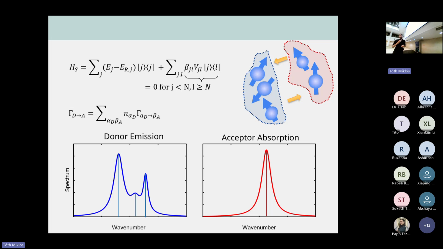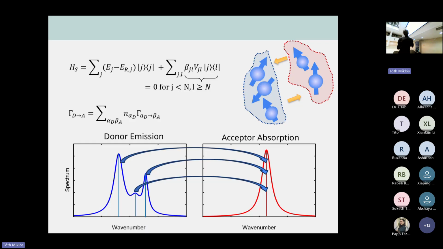And then you can make a master equation out of this. The idea of this master equation is that if you have a spectrum of the donor emission and the acceptor absorption, you identify the lines corresponding to the eigenstates of the donor and the eigenstates of the acceptor. And you have then the energy transfer from each eigenstate of the donor to each eigenstate of the acceptor. And this is the well-known multichromophoric FRET limit or generalized FRET theory that we have heard briefly mentioned before.